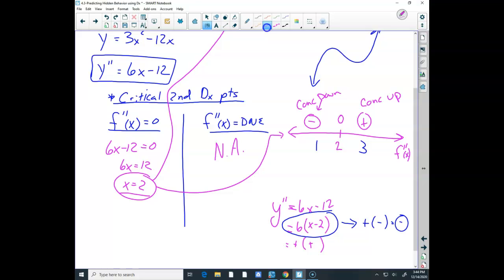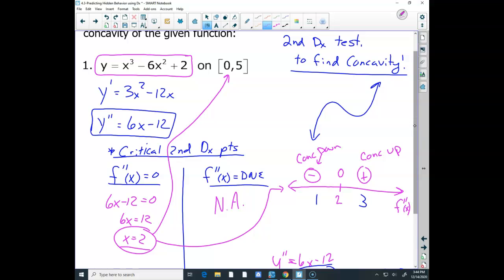So I was listing my intervals of concavity, and notice, I'm going to get rid of this guy a second. Notice I'm only listing them on this interval, okay? So I would actually put my second derivative line would be 0 here, and it would end out here at 5. I wouldn't put them all in there.